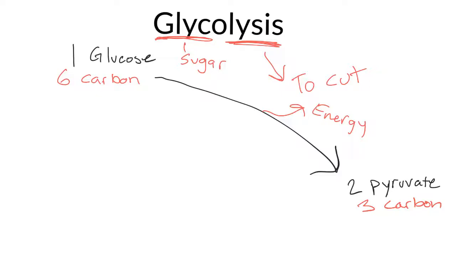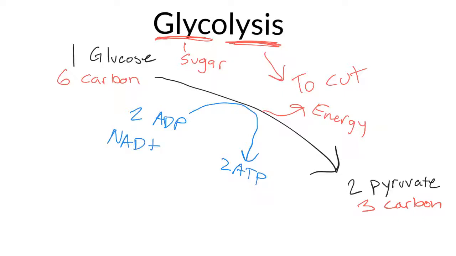Okay, in the process, we use that energy to convert 2 ADPs to 2 ATPs, right? So now we have ATP readily available for energy, and this is what most prokaryotes are going to do. We also have 2 NAD plus, which are converted into NADH.